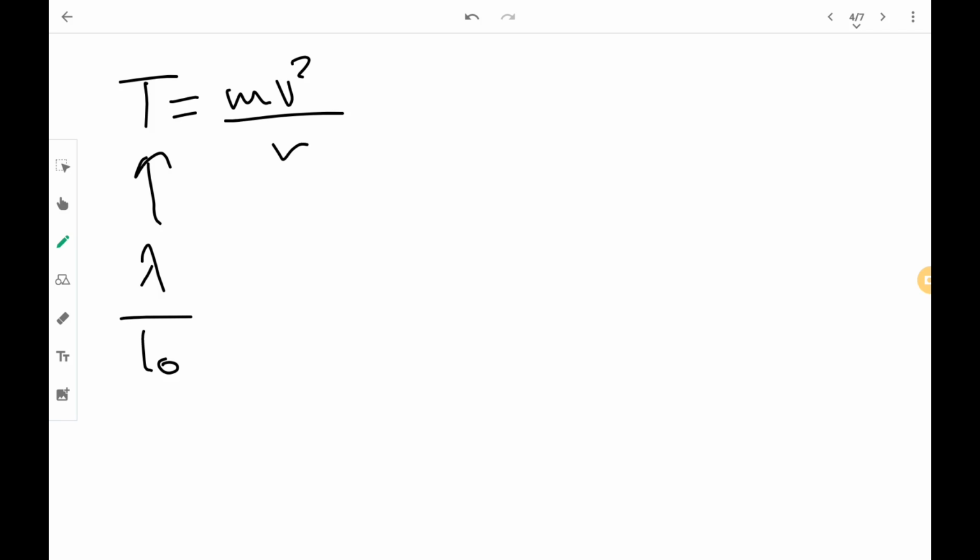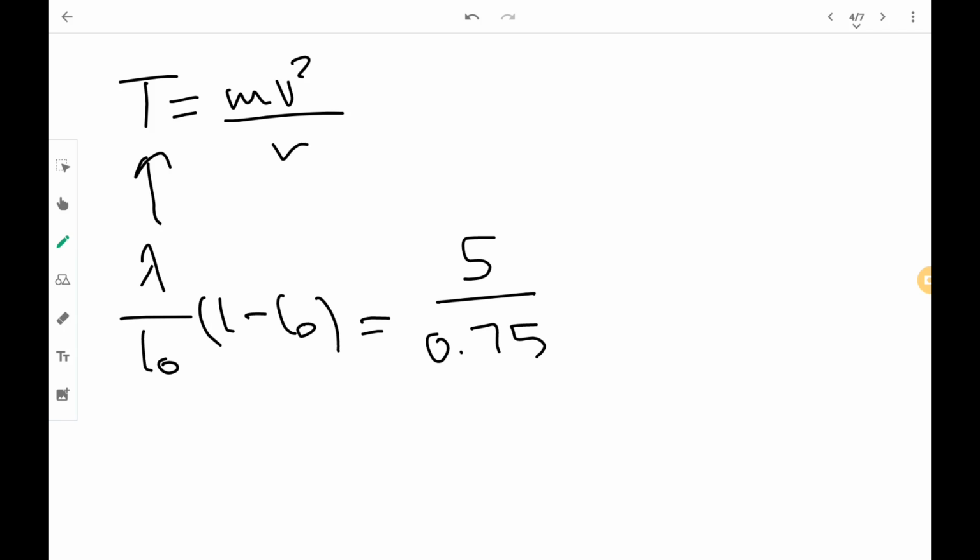So you do like before, T equals m v squared over r, but in this case it's lambda over L0, times L minus L0, which is 5 over 0.75 into 1 minus 0.75.